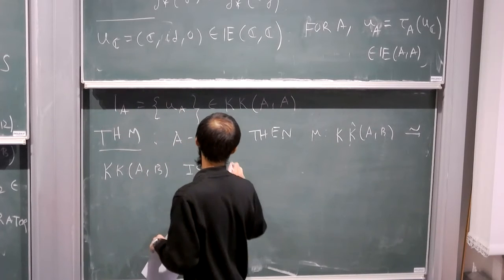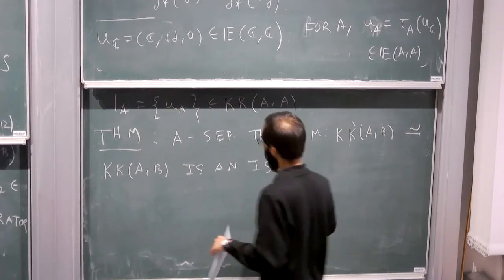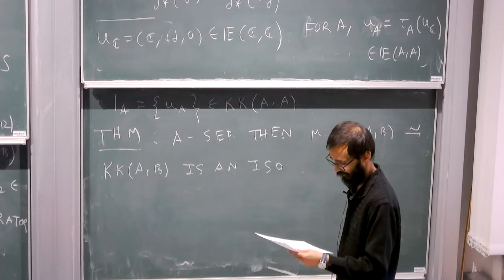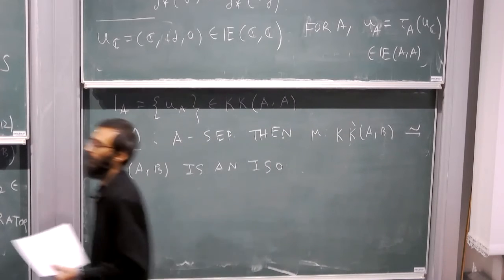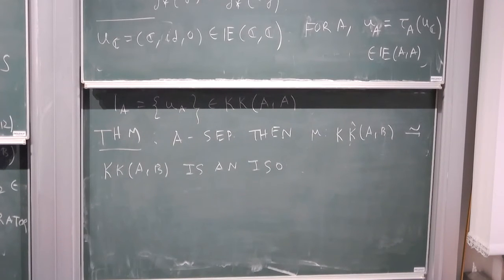So you get everything down to KK, not just KK hat. There's associativity. Yeah, we're almost done.